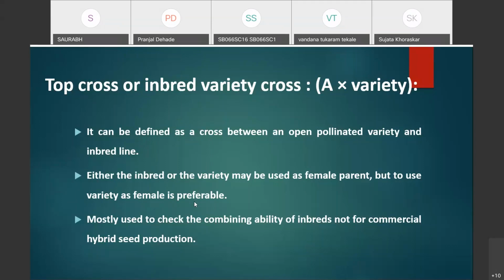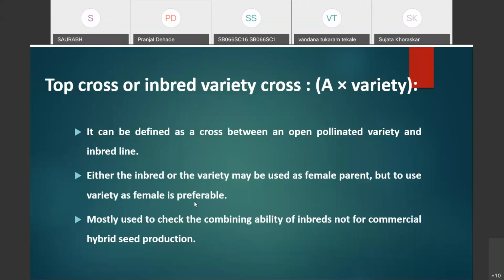Generally, these types of crosses, the top cross and the inbred variety cross, are not used commercially. They are mostly used to check the combining ability of inbreds, and they are not used for commercial hybrid seed production.